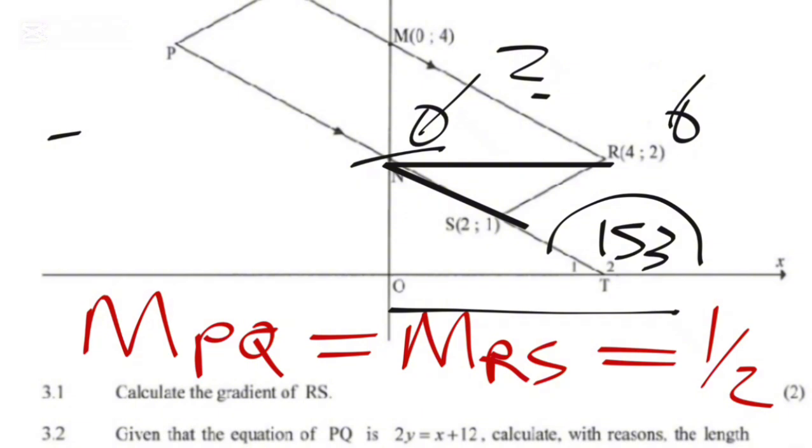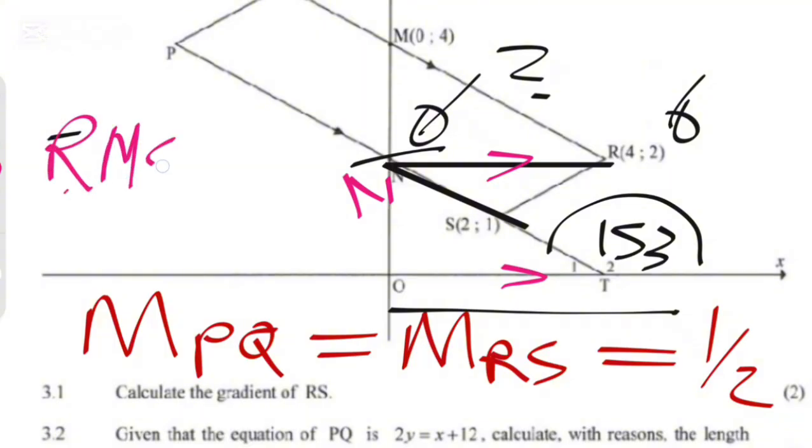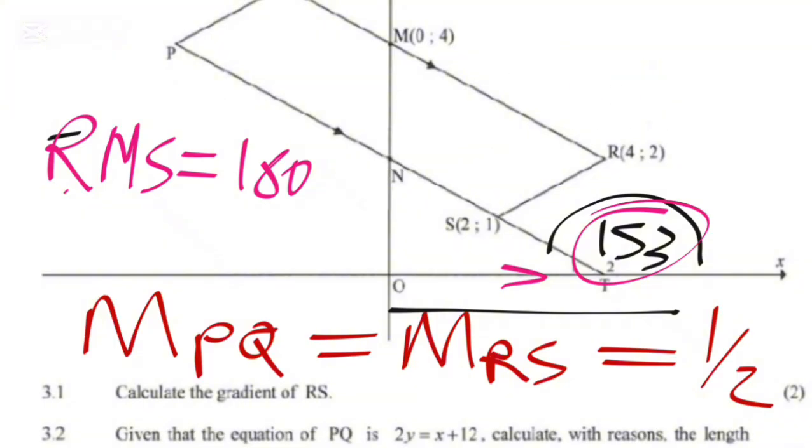NTO, this is N. NTO is 180 minus this thing, or you can use co-interior because we just discovered that this thing is parallel. You can use co-interior, which is R and S equals 180 minus this angle. You're using co-interior, minus 153.